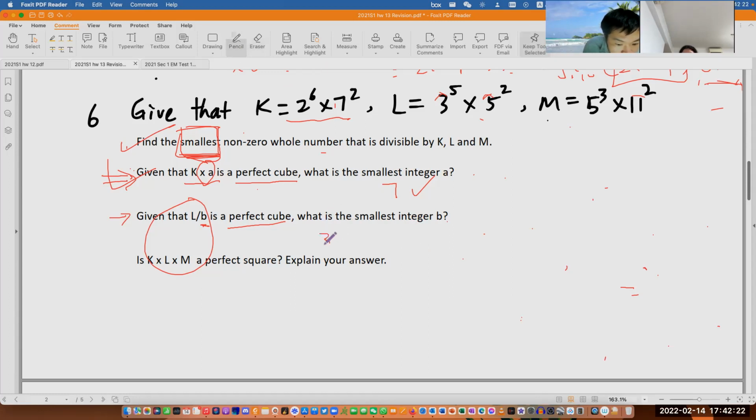So for this one it is 3 to the power of 2, 5 to the power of 2, so it's 225. Please use a calculator.